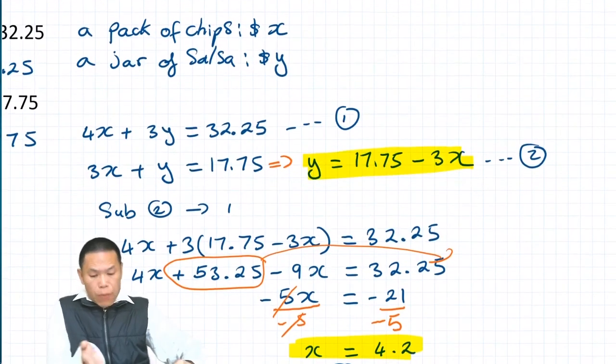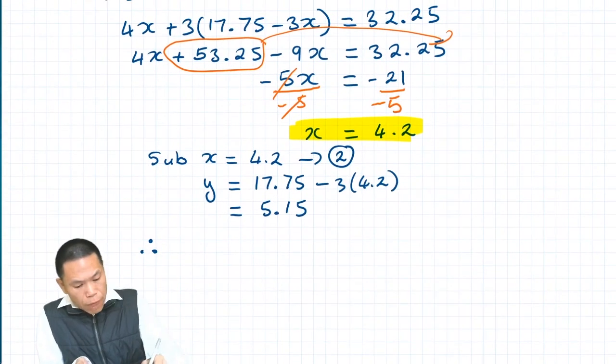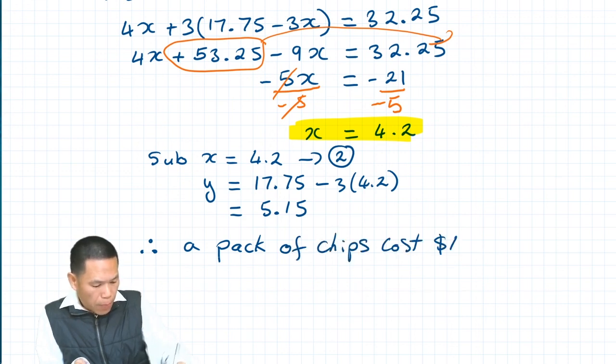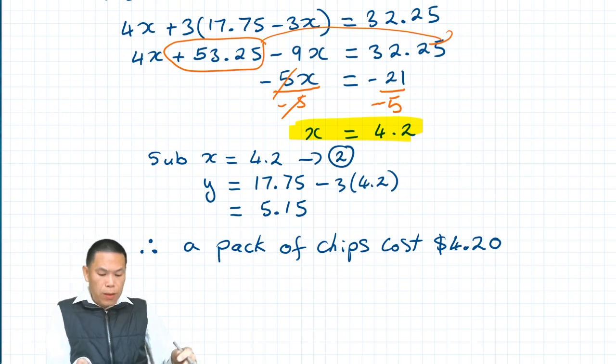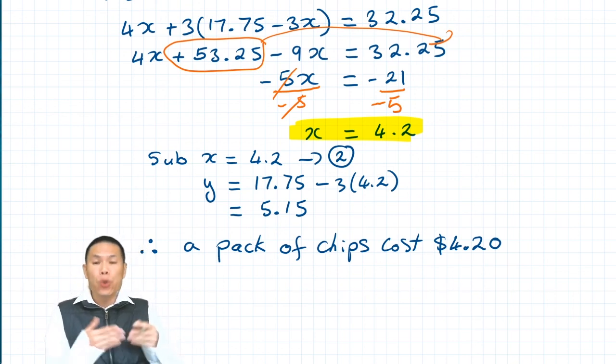Now remember, x is the cost of a pack of chips. So just write therefore, a pack of chips costs $4.20.